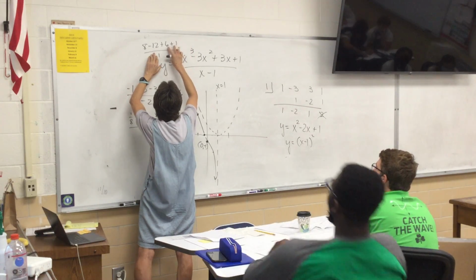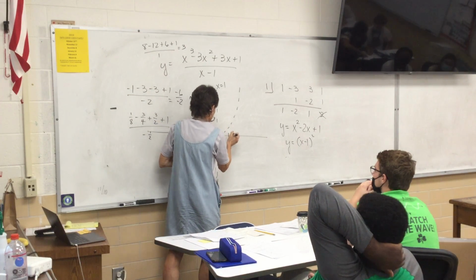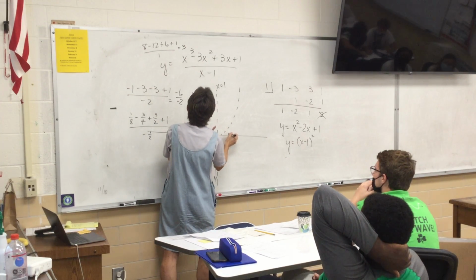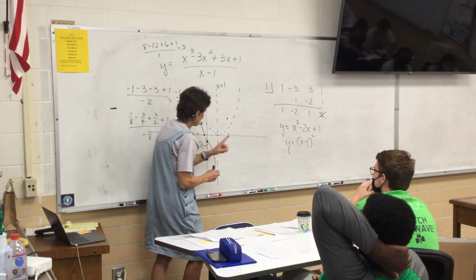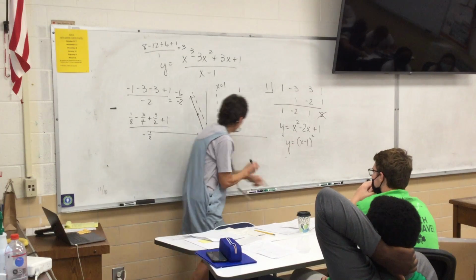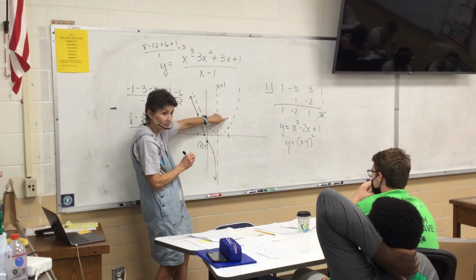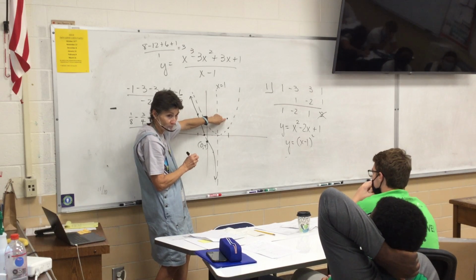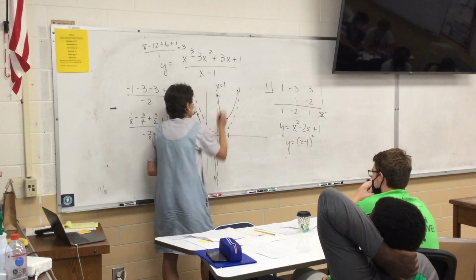So 2 gives me 3. Now remember, if you plug 2 into your asymptote, you get 1. So this point is above the asymptote. So then would it have to be in between? Yep. Okay, it looks like that.